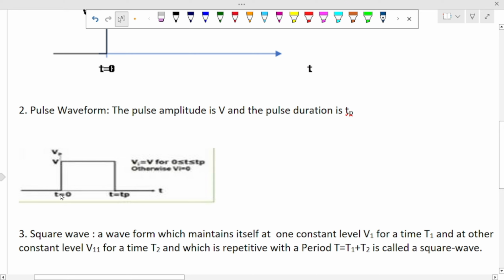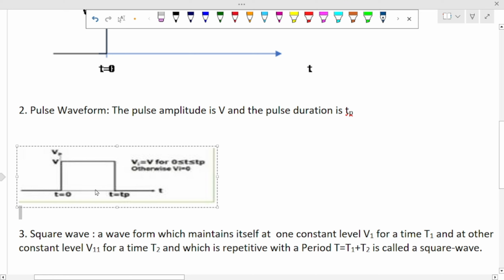When t is 0, we have the value v, which can be 10 volts, 300 volts, whatever. But when we get to tp, at some certain point in time, this voltage will drop. Are we together? That voltage will drop. So vi equals v for 0 less than t and t less than tp.